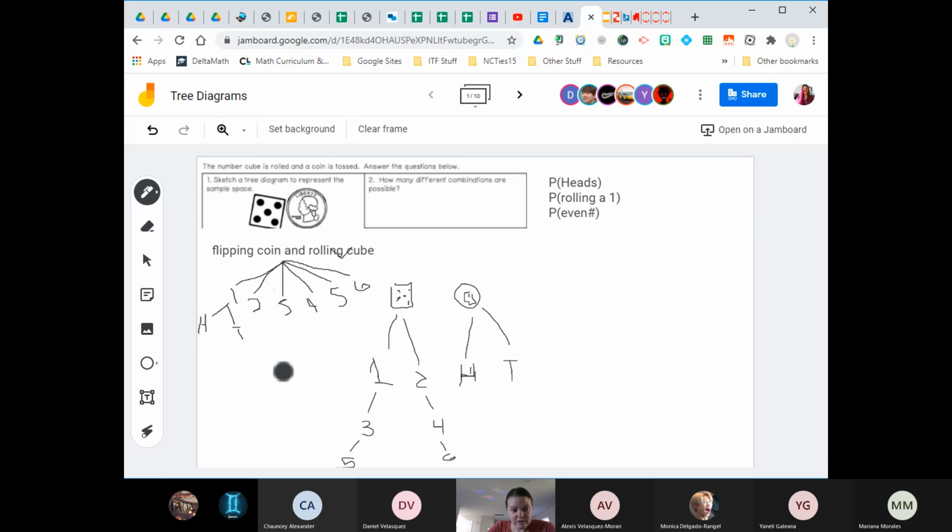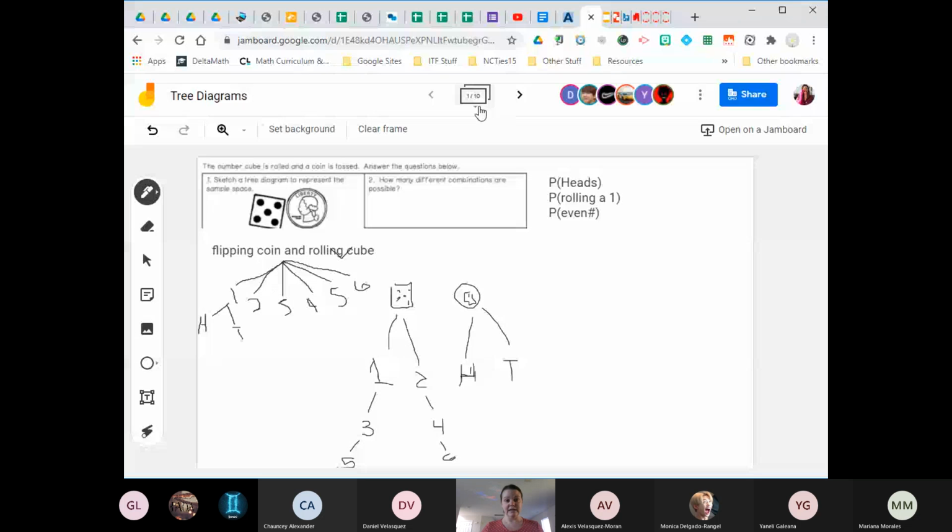or tails, okay? So I see some of you are doing separate tree diagrams, but we're talking about one compound event. They go together on the same tree diagram. So you're either going to start with listing all of your outcomes for rolling the cube, or all of the outcomes for flipping a coin, and then do more branches off of those outcomes for the other part of the event, okay?